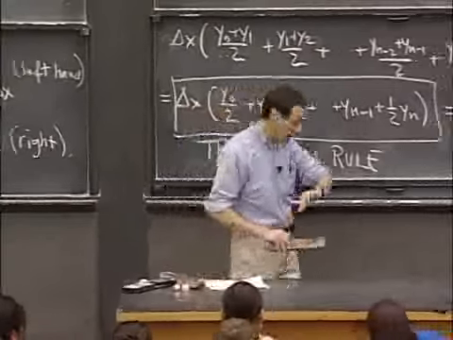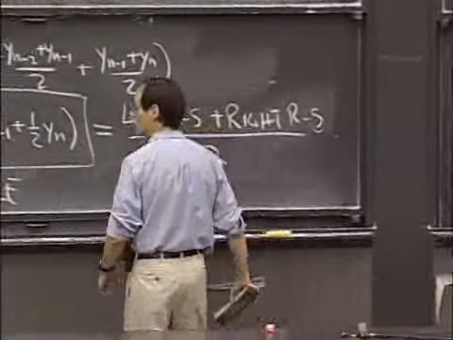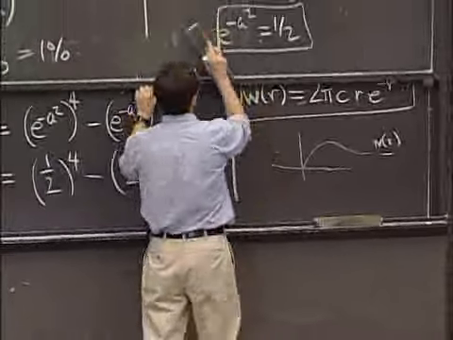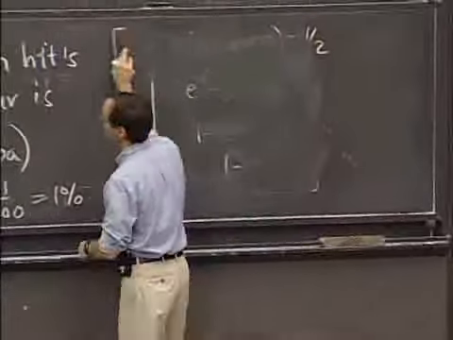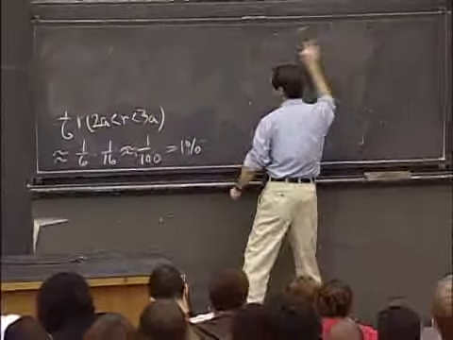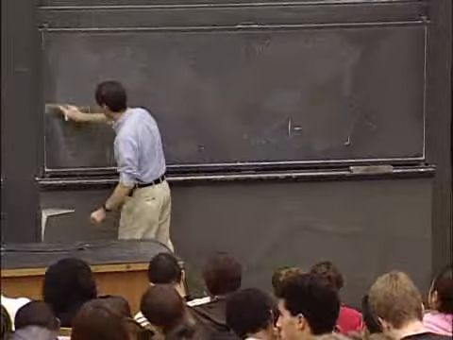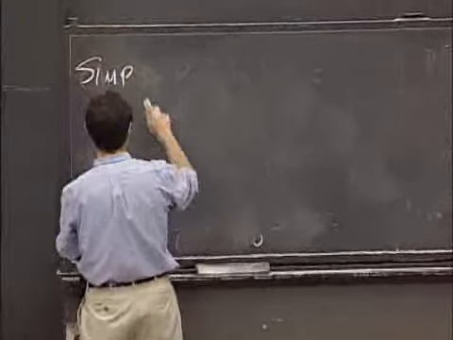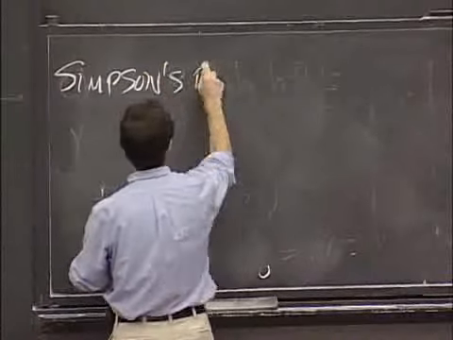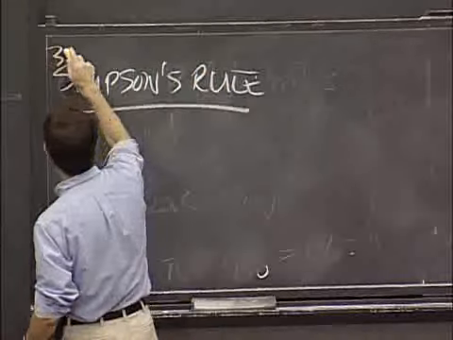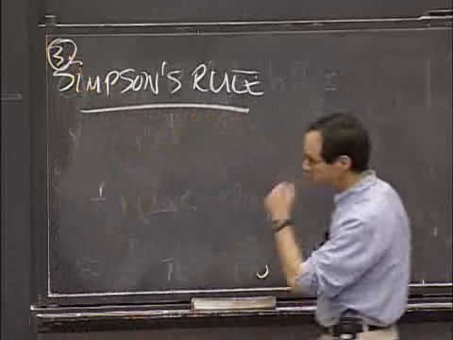So now I need to describe to you the fancier rule, which is known as Simpson's rule. And so this is, if you like, method 3.